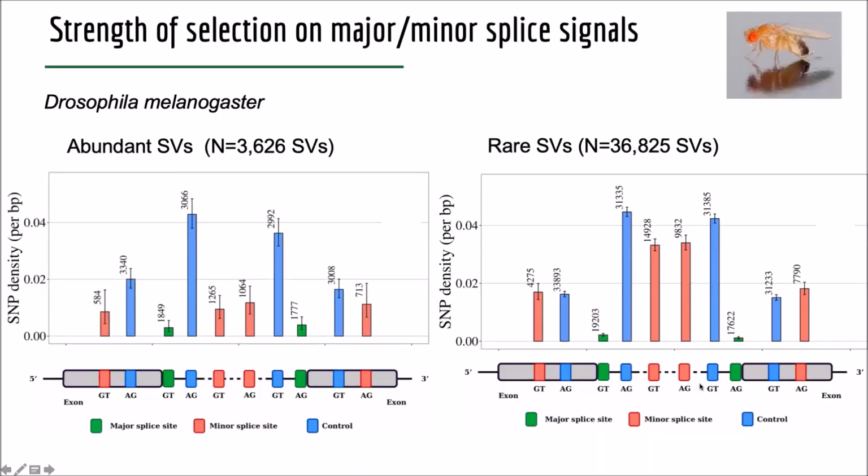One last point to finish. I mentioned before that in Drosophila, we see evidence of selective pressure on the minor splice sites for the abundant splice variants. So this is what we observed in Drosophila.